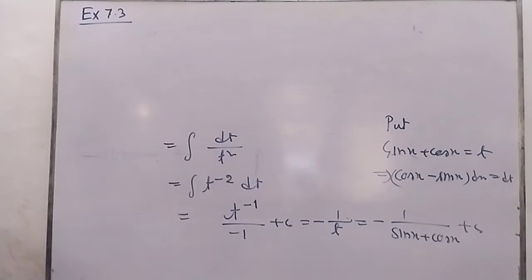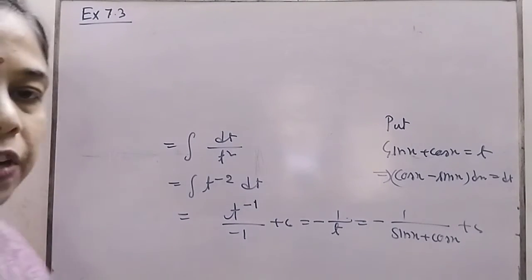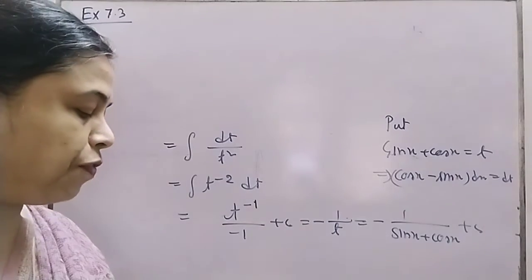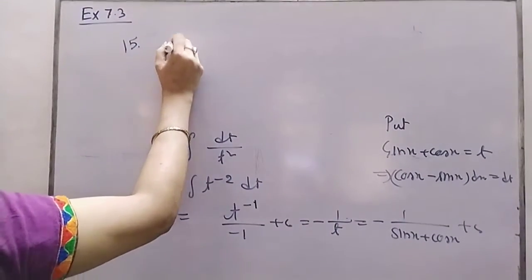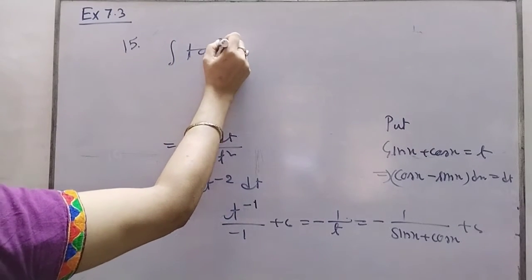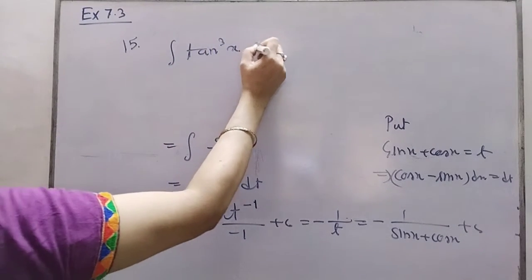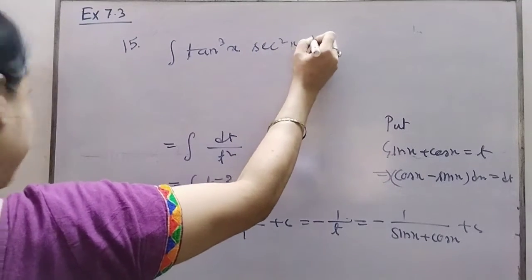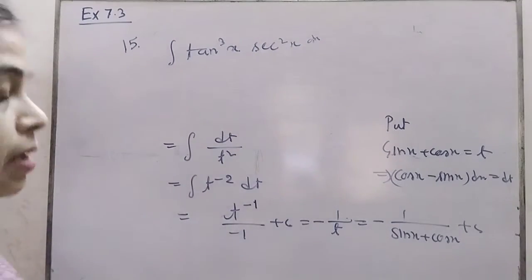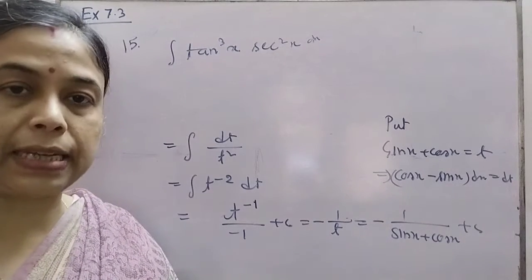Now I go to the next question, number 15. So your question number 15 is a combination of tan cube x and sec square x into dx. It is an integration containing sec and tan.